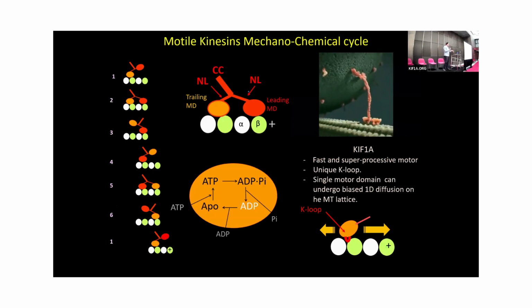This is a scheme that is valid for all kinesins that are motile, that are most members of the kinesin superfamily. They work in what is called a hand-over-hand mechanism, in which the 2 feet or the 2 motor domains alternate as they walk along the microtubule.